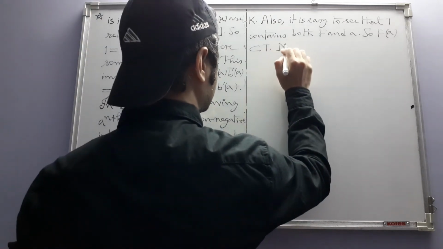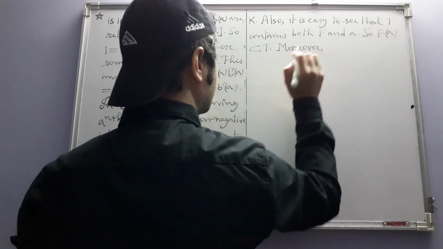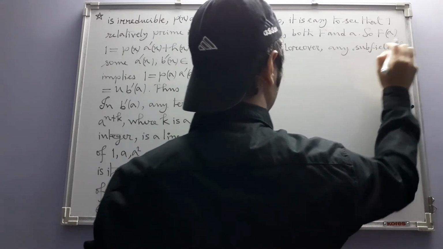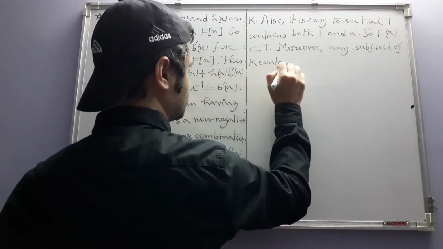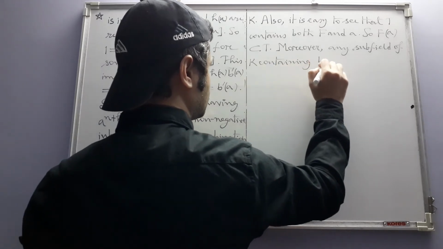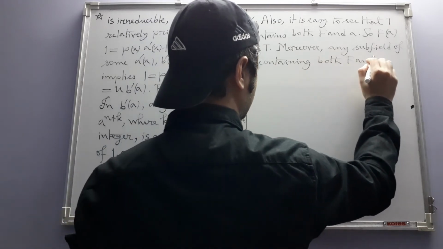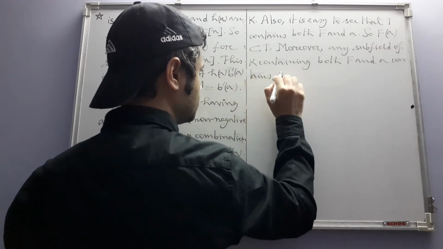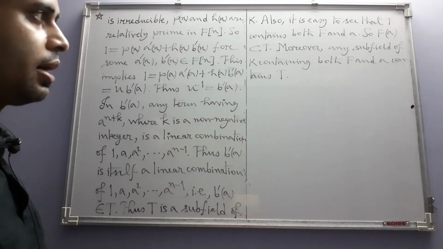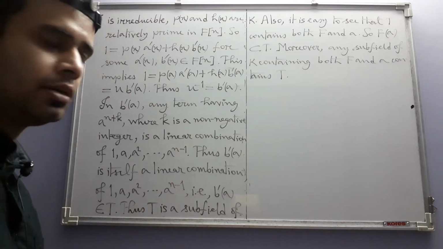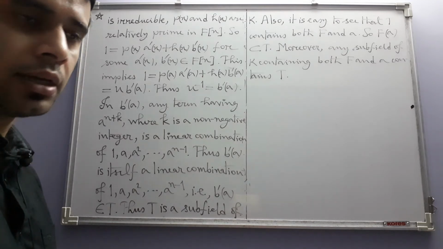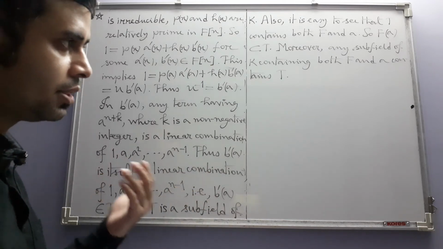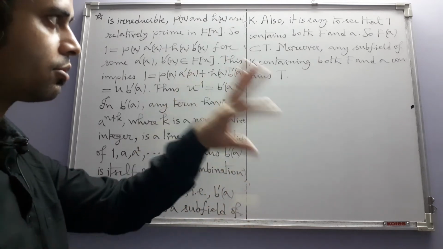Moreover, any subfield of K containing both F and A contains T, because the elements in T are after all linear combinations of powers of A with coefficients from F. So if a subfield of K contains both F and A, such combinations will automatically be inside that subfield, proving that T is contained in that subfield.